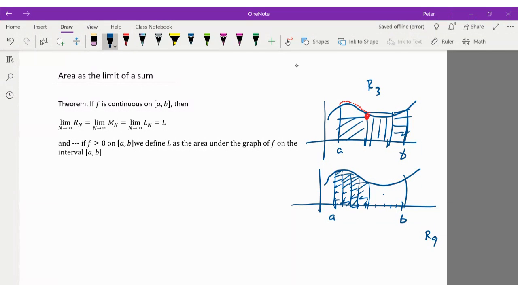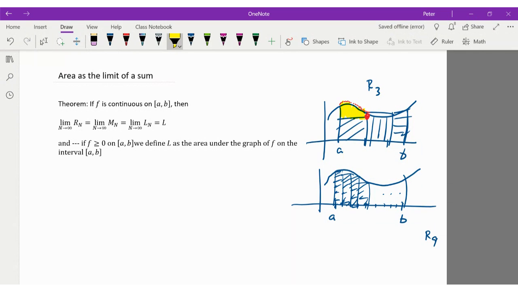I don't really have to draw them all in, but hopefully you get the point: by making the ends of the subintervals much closer together, I'm eliminating a lot of the problem that there's all this area that's not represented by the red point, because I'm putting the points much closer together.